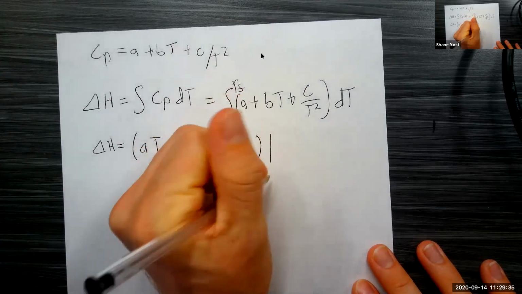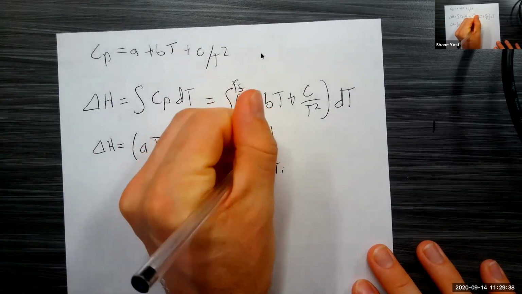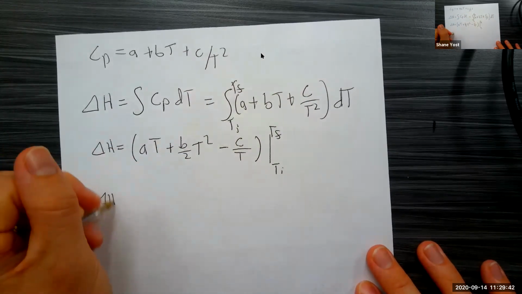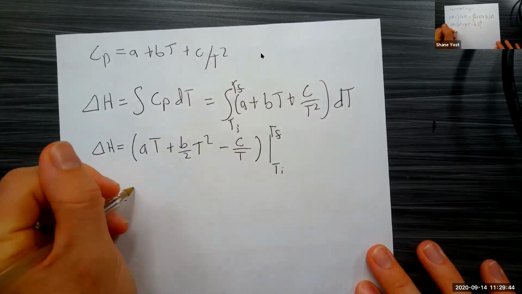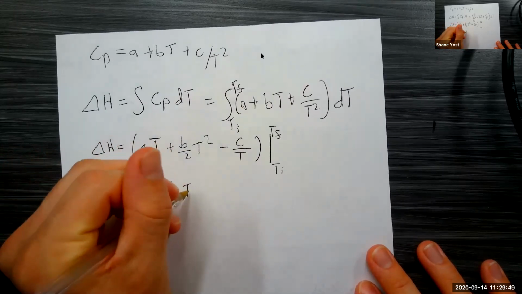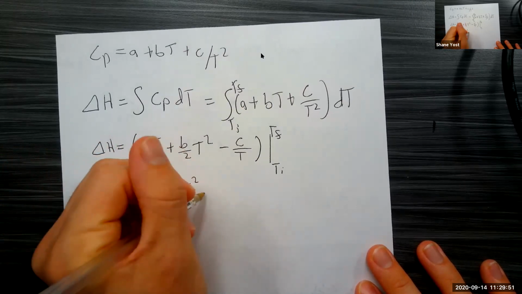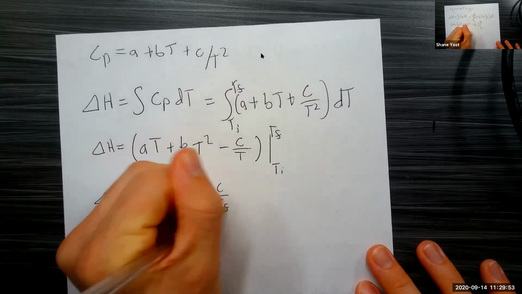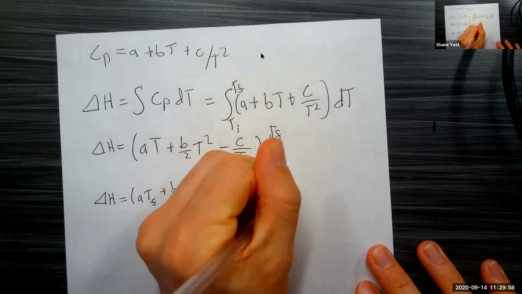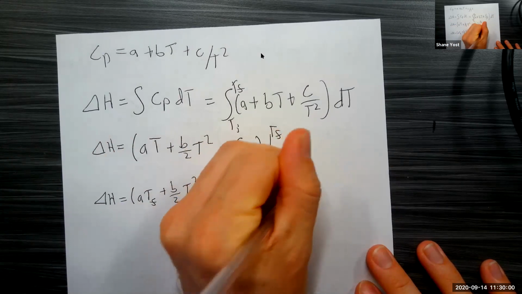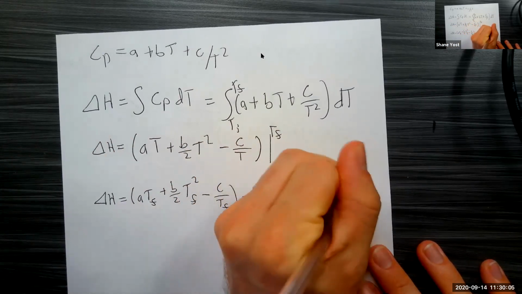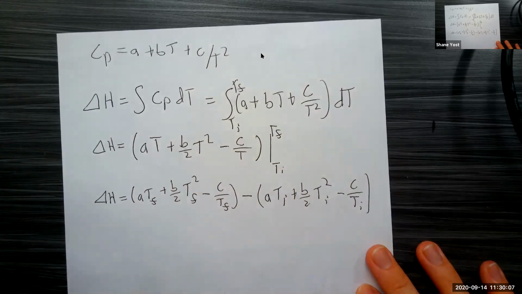And then I evaluate this on my initial and final temperatures. So that delta H is A T final plus B over 2 T final squared minus C over T final, minus A times T initial plus B over 2 times T initial squared minus C over T initial.